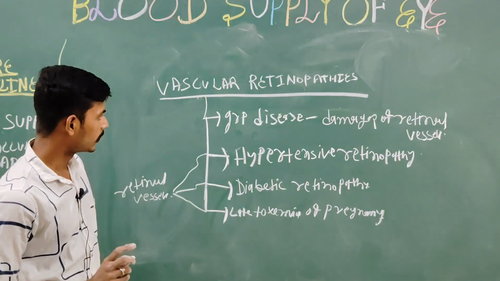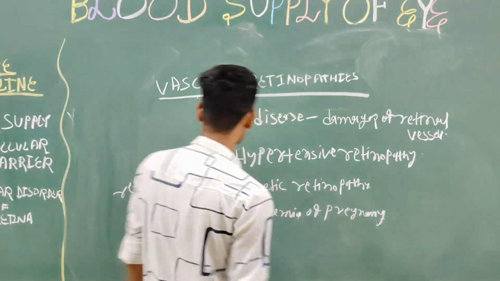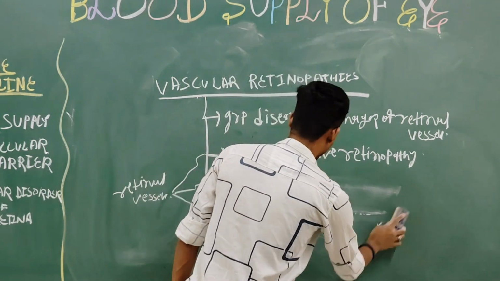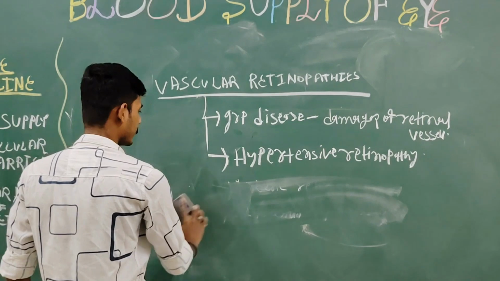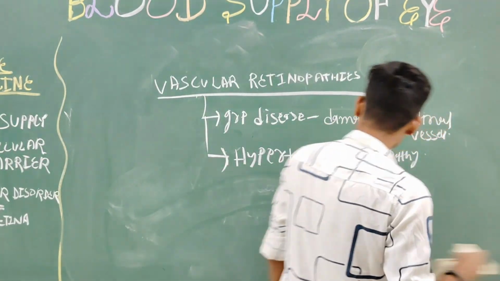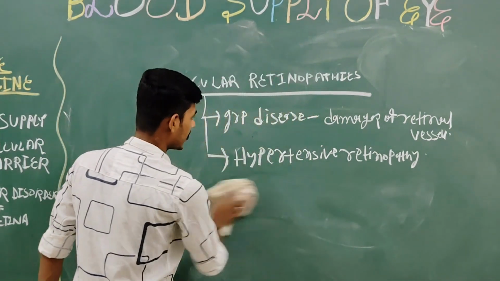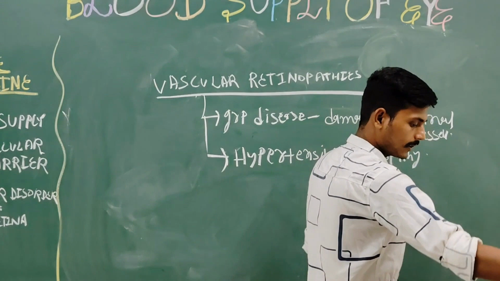Clear? Now we will take one disease and understand its pathophysiology, how this retinopathy arises. First we will take hypertensive retinopathy.